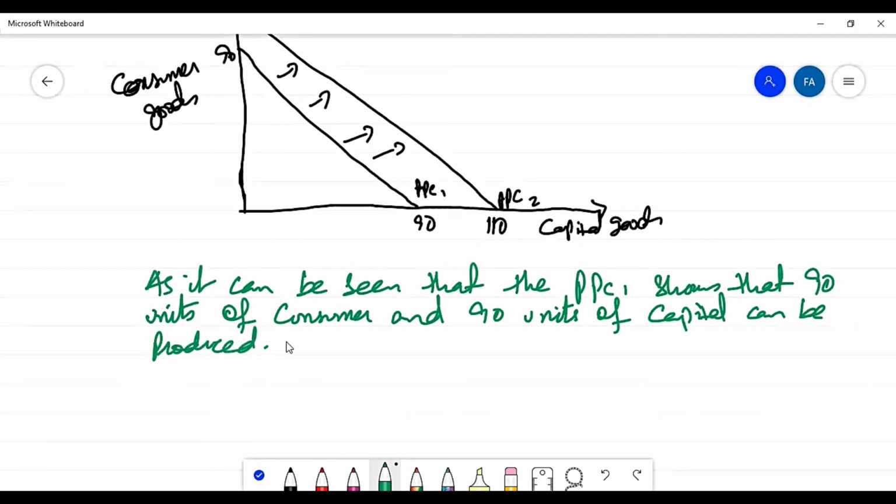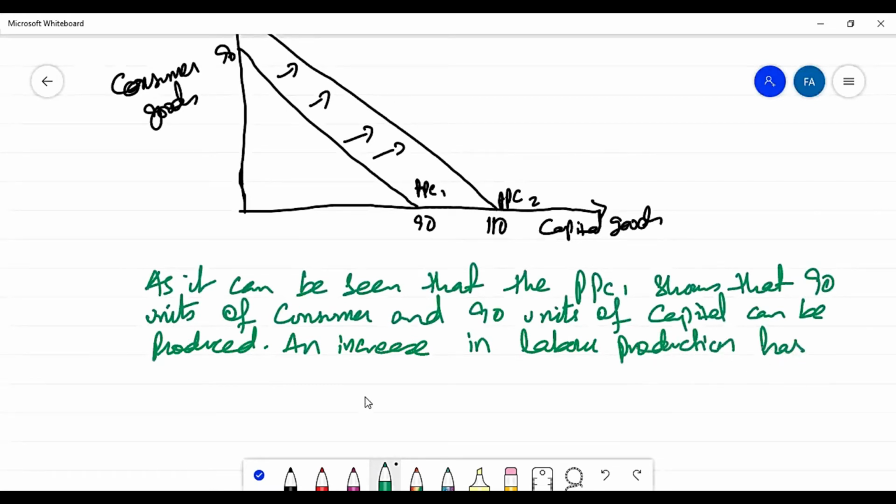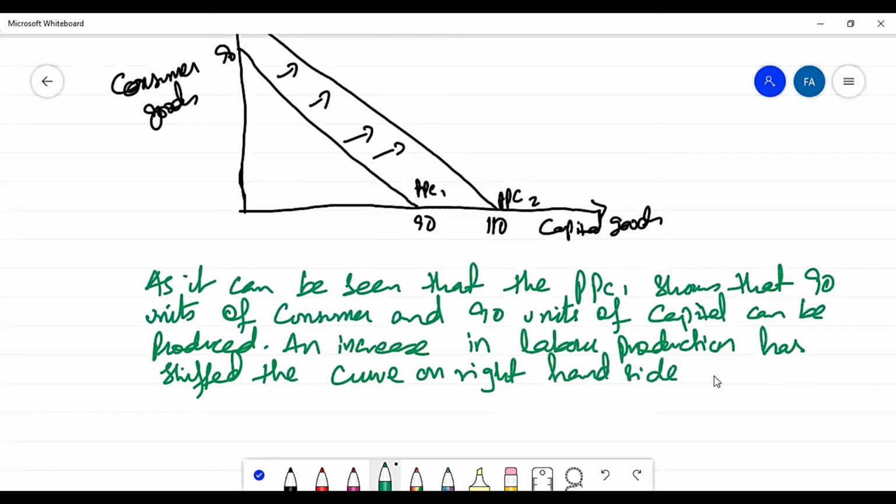Okay. So an increase in labor production has shifted the curve on the right hand side. That is economic growth.